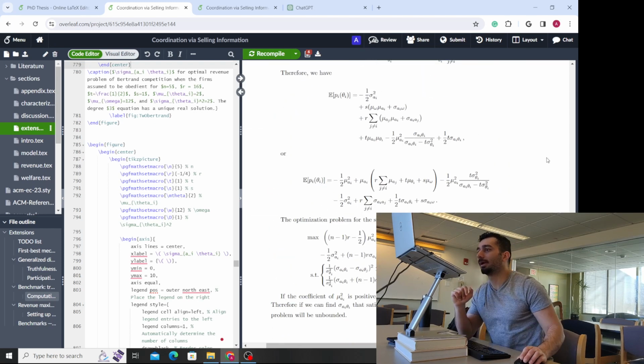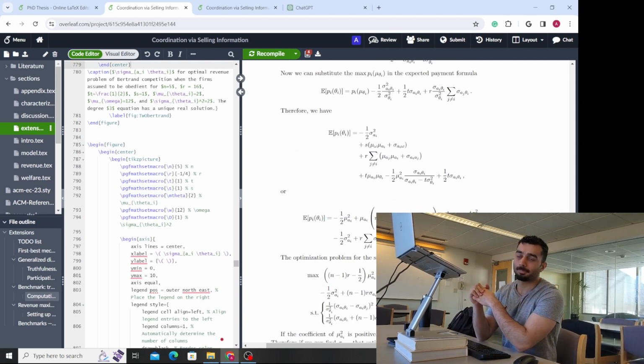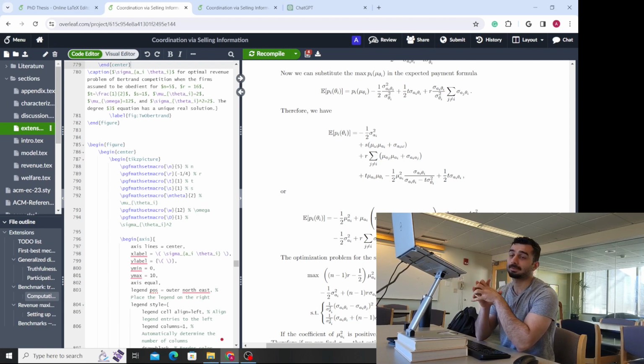One thing I have to mention is that for this benchmark, because mu's are not the same in the optimal revenue problem and first best, we came to the conclusion that there is no point comparing sigmas, or they are not the main part.